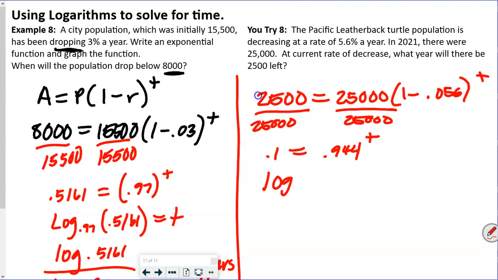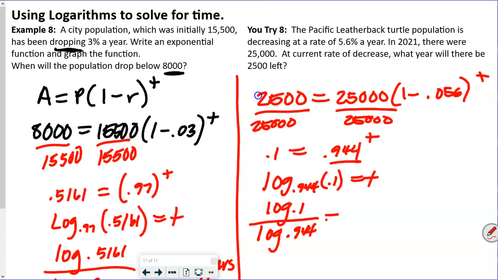So it's going to be log base 0.944 of 0.1, that equals t. So we're going to use our change of base formula again: the log of 0.1 divided by the log of 0.944. So when we put that into our lovely little calculator, we get 39.96 years. So that's about 40 years, right?